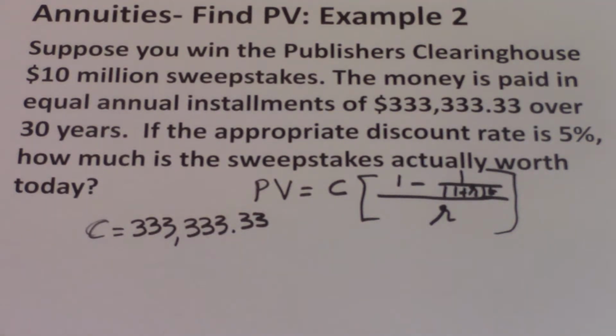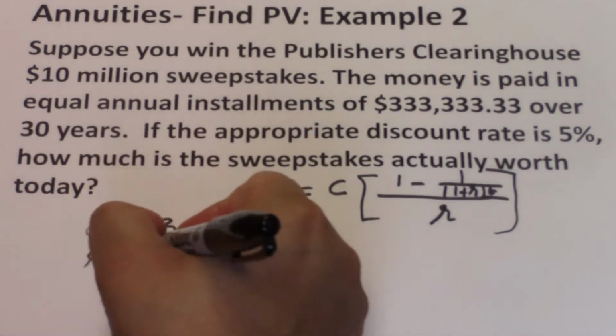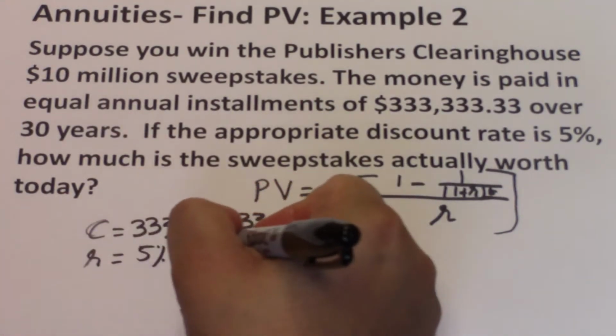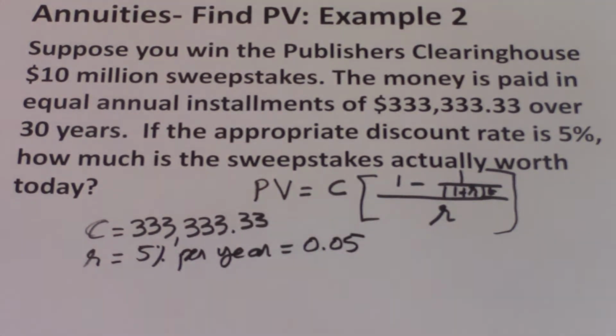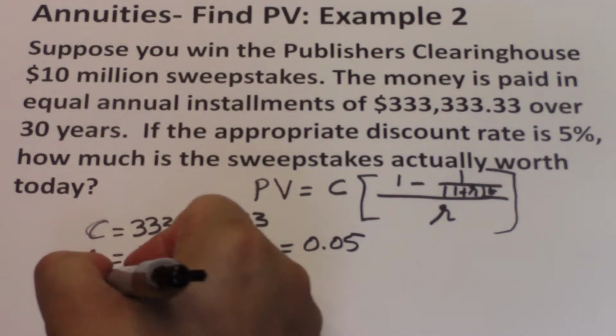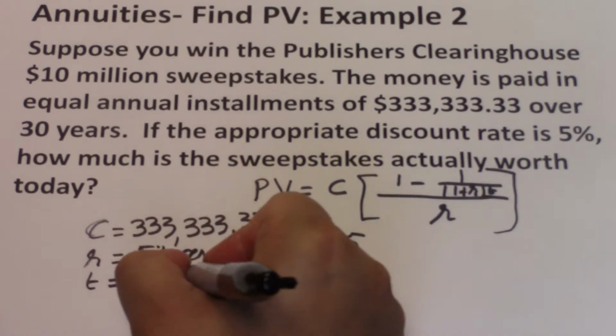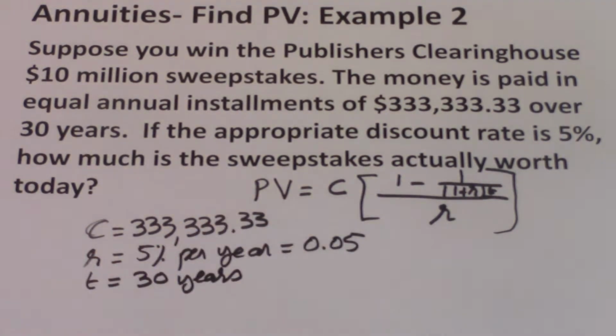The R is the interest rate, and here in this case it is 5%. The interest rate is always quoted as an annual number unless you're told otherwise. And so R is 5% per year, or 0.05, because we input it into the formula as a decimal. T here is 30 years. If you notice, all of these variables have the same frequency.